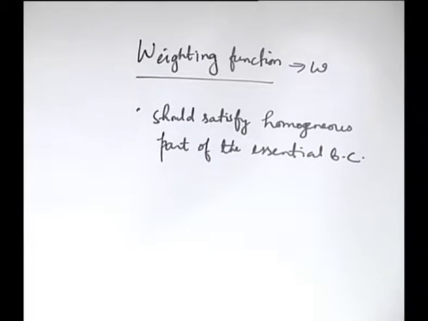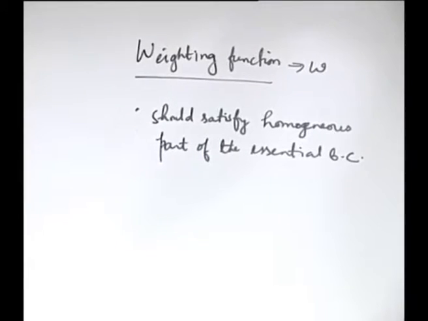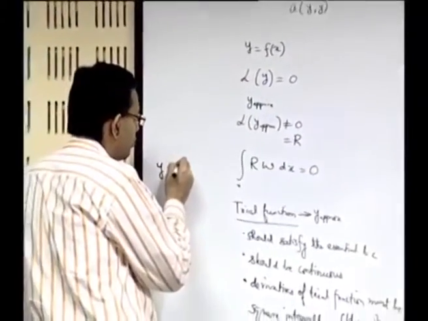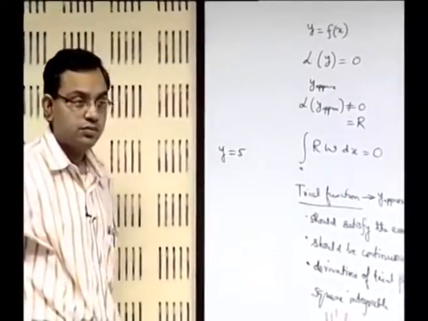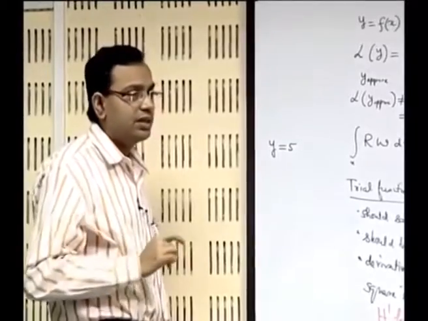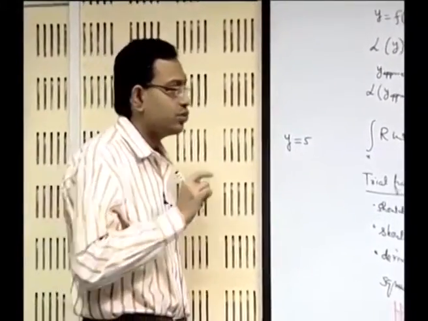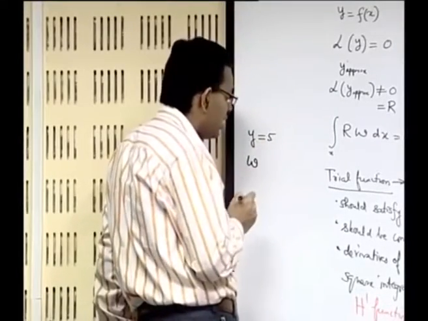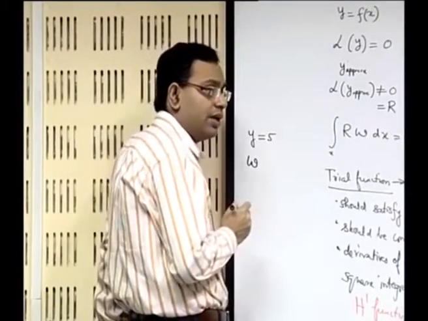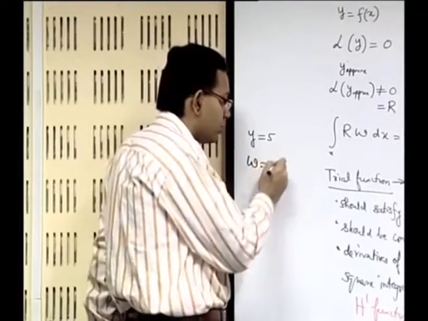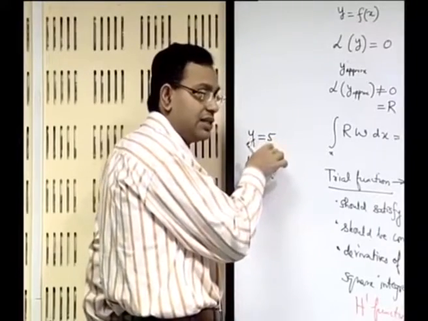What is the homogeneous part of the essential boundary condition? So, let us say that you are having a boundary value problem with y at one of the boundaries equal to 5. So, the weighting function should satisfy its corresponding homogeneous part. So, the weighting function should satisfy the requirement that it is equal to 0. Homogeneous means this right hand side is 0.